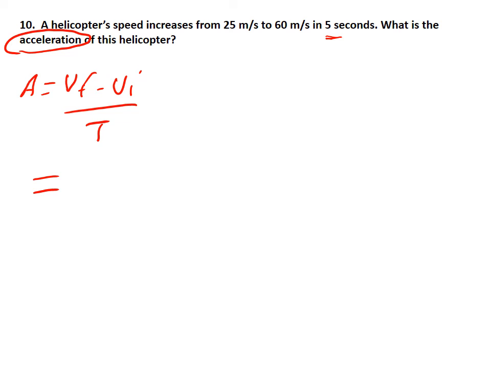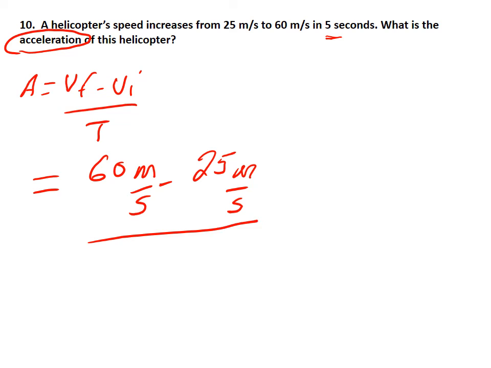So the last recorded speed is the final, that would be 60 meters per second minus the initial, 25 meters per second divided by the time of 5 seconds. So when I run this through my calculator, 60 minus 25 divided by 5, I come up with 7. My units are meters per second squared.